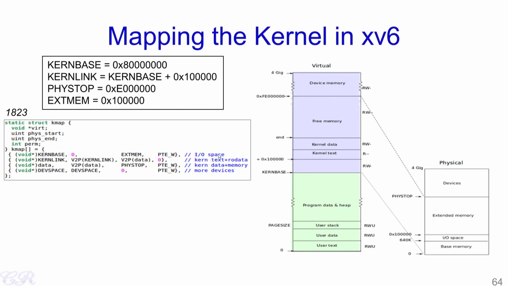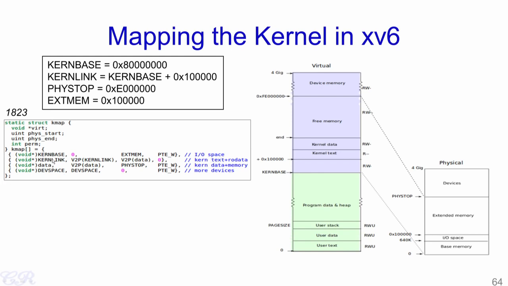For example, the IO space, which starts from the virtual address KERNBASE, gets mapped to the physical address 0 up to EXTMEM. So, this is the 1 MB region starting from 0 to the end of the IO space, that is the 1 MB mark. This is known as the IO space and is typically not used by the xv6 operating system.